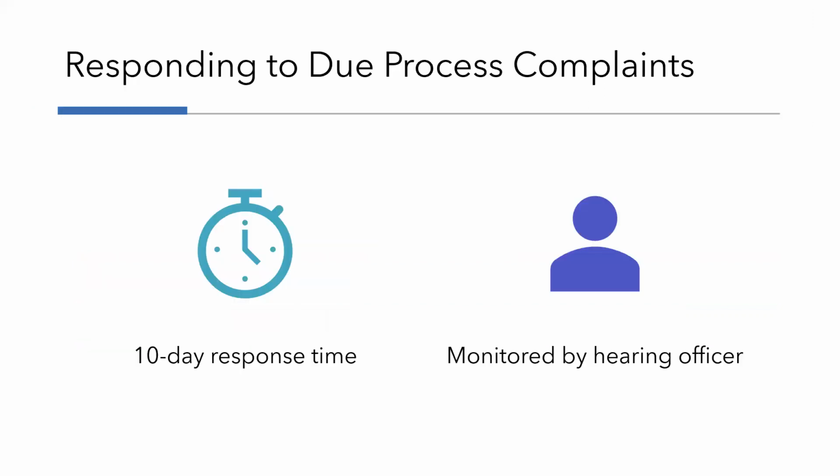IDEA states that if a local educational agency, aka a school, hasn't sent prior written notice to a parent regarding the subject matter contained in the due process complaint, the agency has to send a response within 10 days.